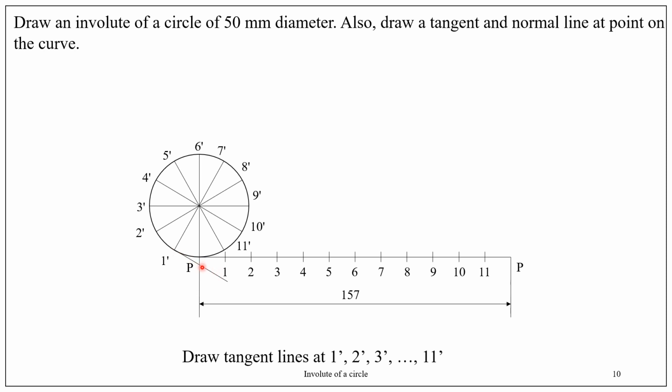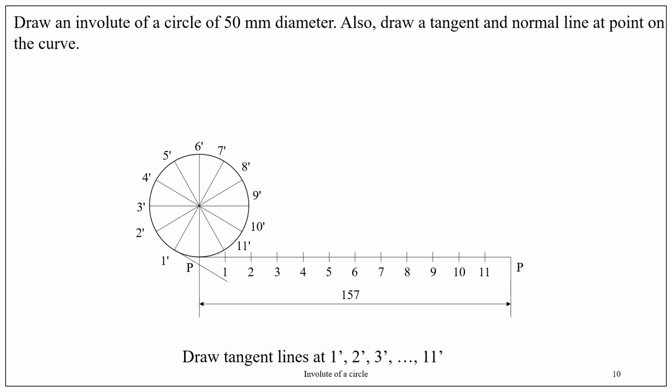On this line, the point P will appear when the string is unwound 30 degrees in clockwise direction, keeping it straight.